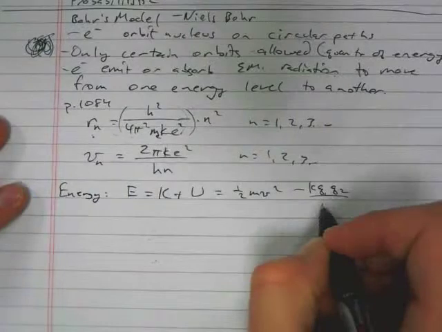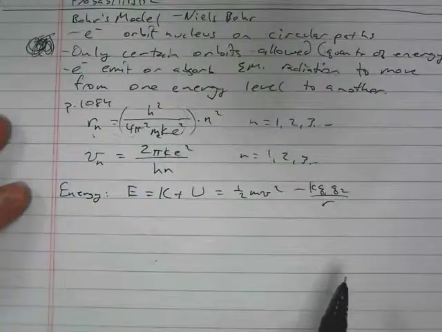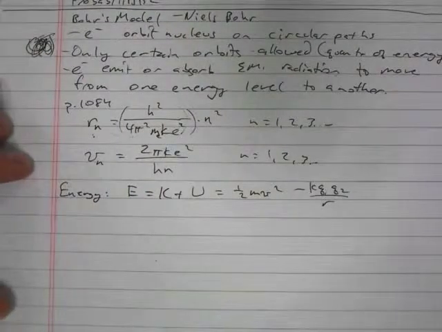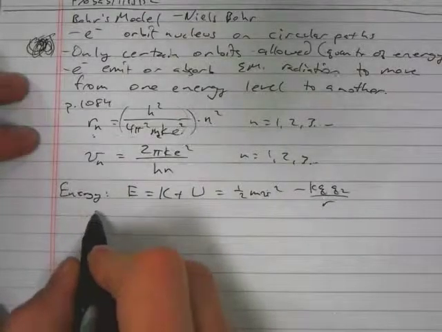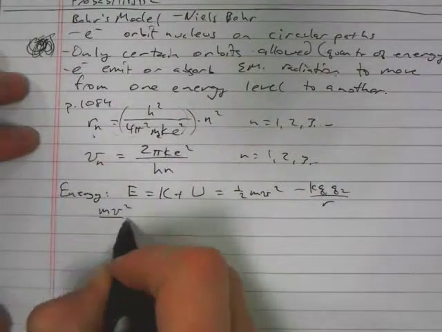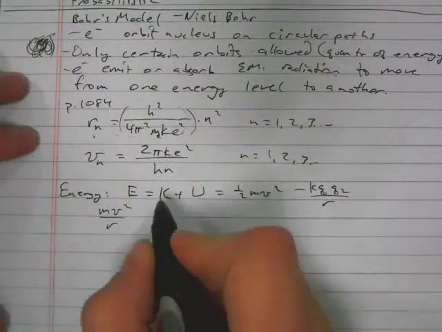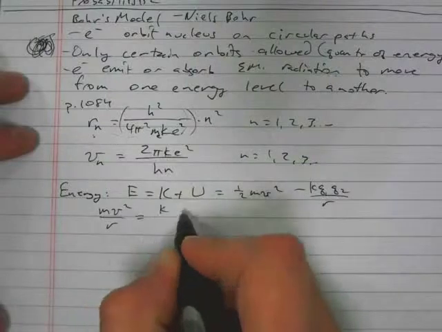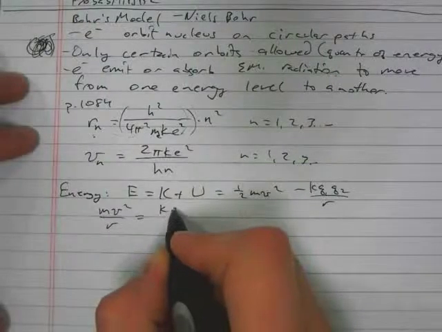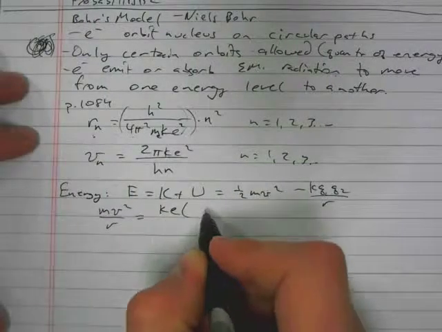So we can start filling in values. Now we're dealing with electric force. Centripetal force is m v squared over r, and if that centripetal force is provided by the electric force, then that's k q1, the electron, q2, the nucleus.